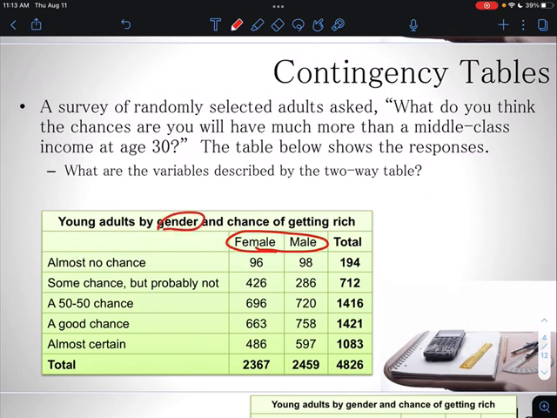The other variable is over here, which is basically your opinion about whether or not you'll be rich. So how many people thought they would be rich, depending on whether they're male or female. And we can use this contingency table to look at those relationships.